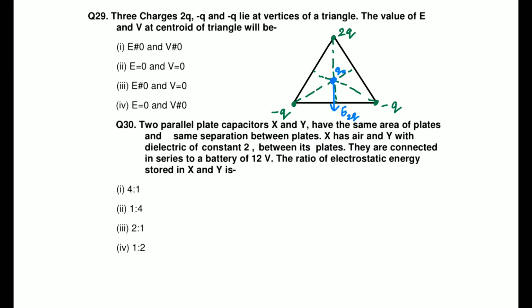Yes or no? So let me just draw it here. So the force will be in this direction. Very similar to the electric field, this is the electric field because of your minus q charge. Very similarly, this positive test charge will experience a force because of the other minus q charge in that direction, right? So I'll just draw it here. That will be your electric field, the electric field because of your minus q.